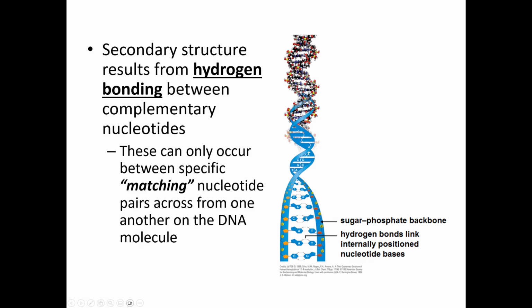Now, one of the interesting things about hydrogen bonds in this specific context is that the hydrogen bonds only work between quote-unquote matching nucleotide pairs from one to the other.